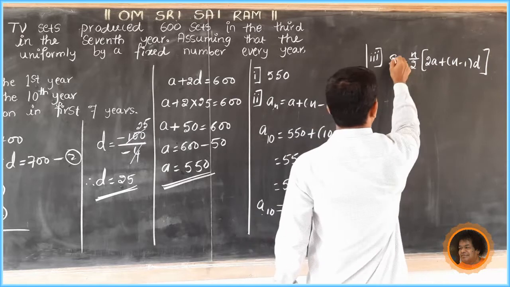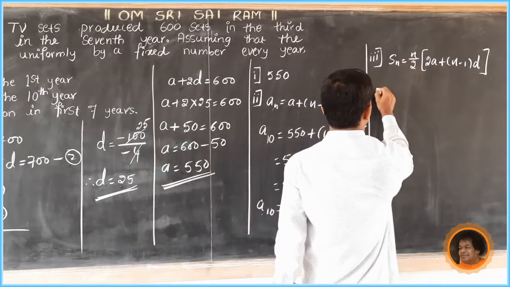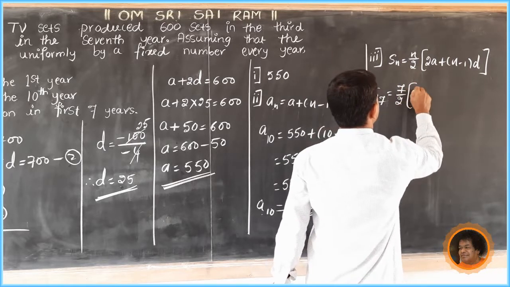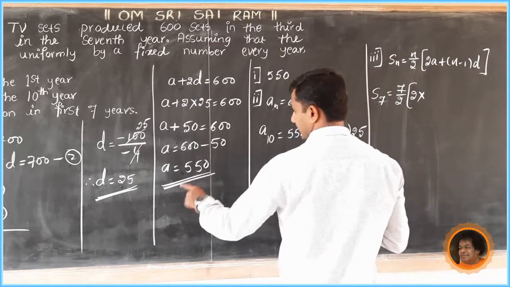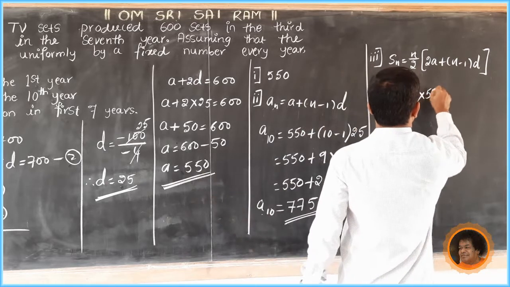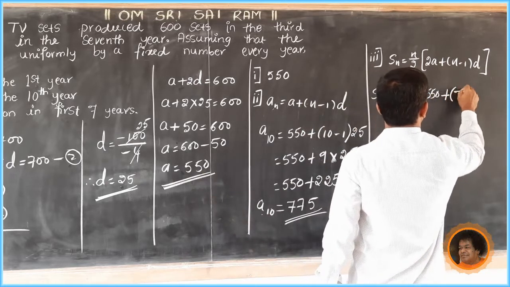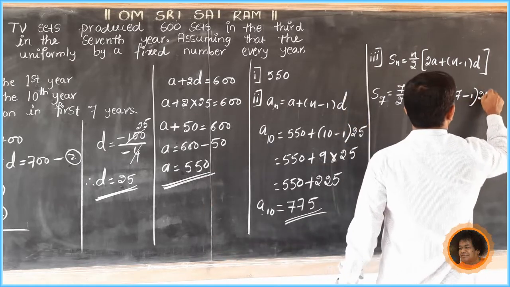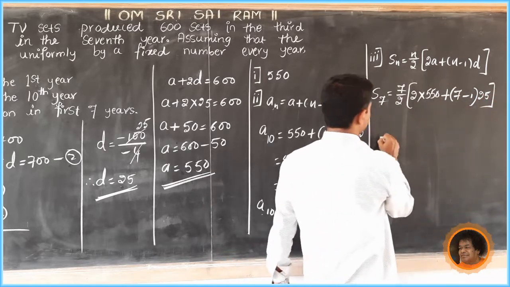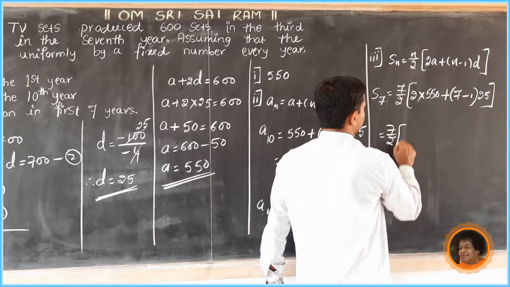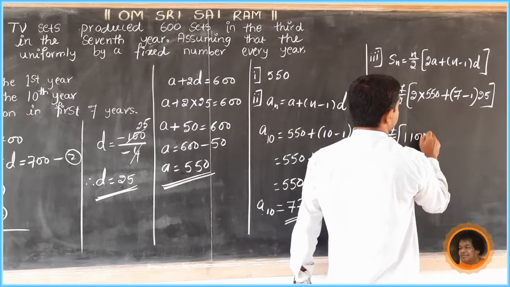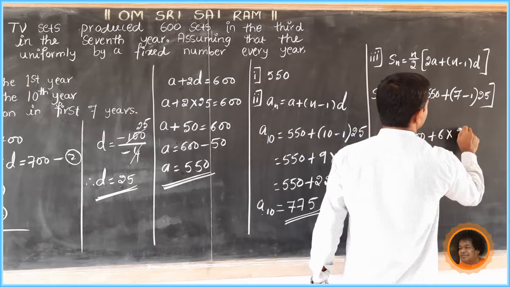Now, substitute the values: for the first 7 years, S7 equal to 7 by 2 into (2 into a, where a is the first term 550, plus (7 minus 1) into the d value, 25). Now, simplify. So, 7 by 2 into (550 into 2, 1100, plus 6 into 25).